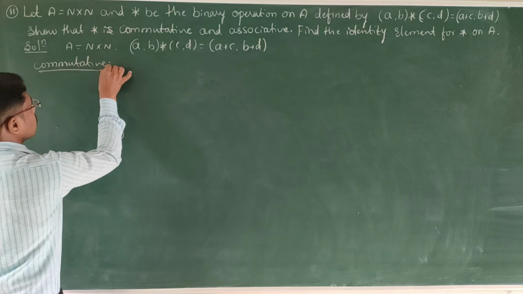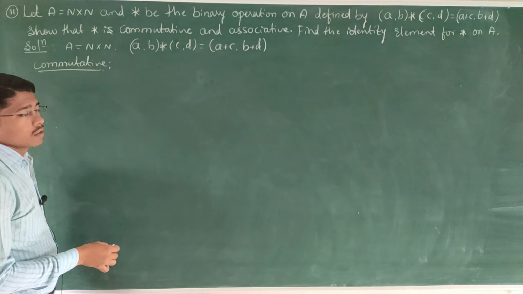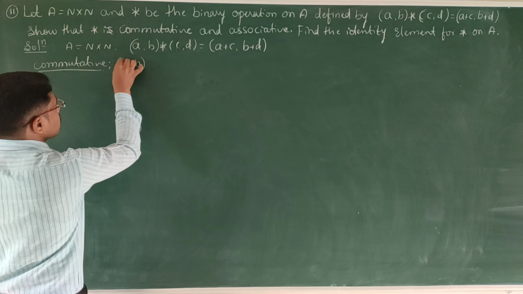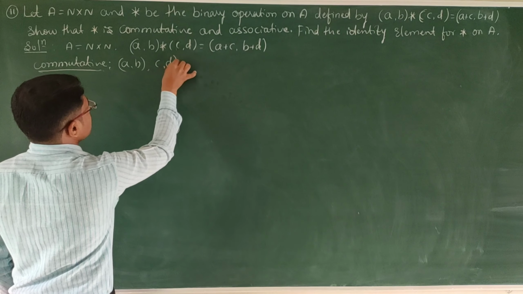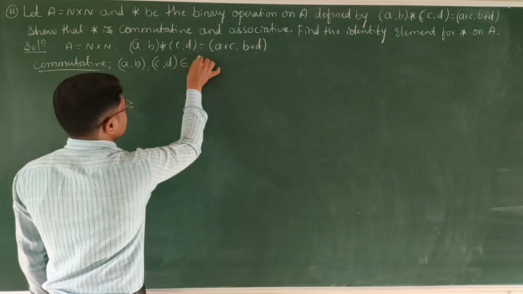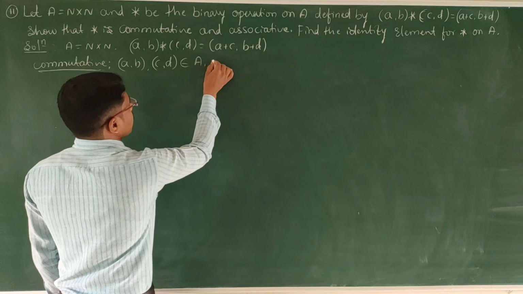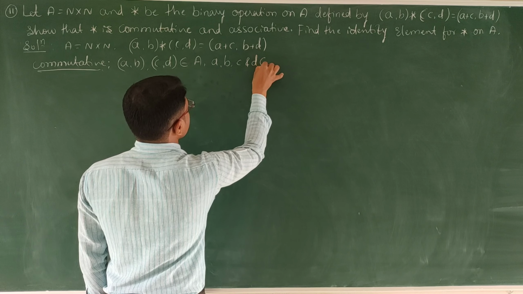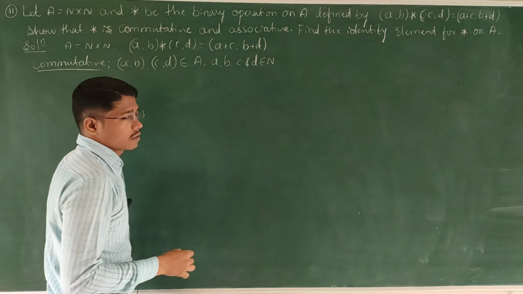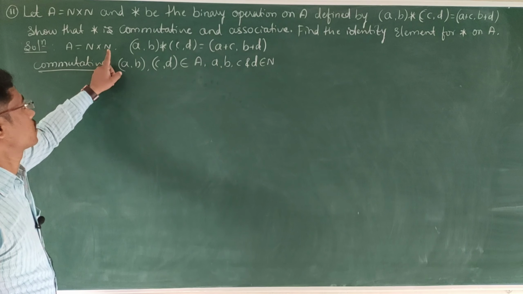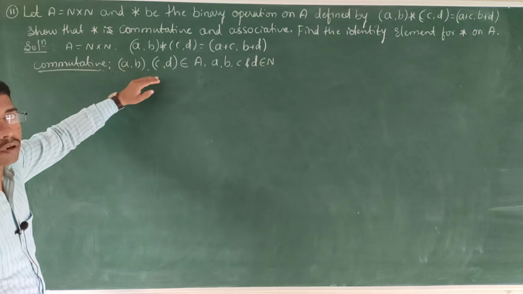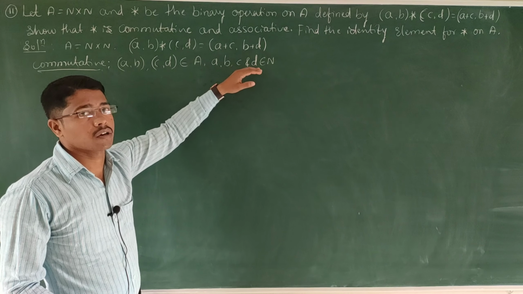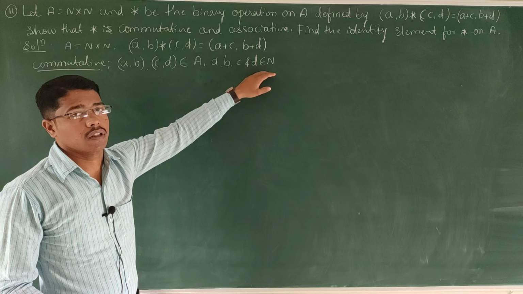Okay, so let us consider two ordered pairs (a, b) and (c, d) belonging to A, where a, b, c and d belong to N. A means N cross N, so the ordered pair belongs to the Cartesian product N cross N, and the individual elements a, b, c and d belong to the set of natural numbers.